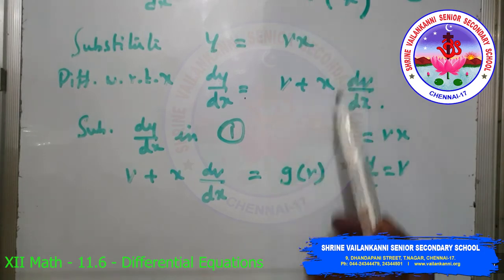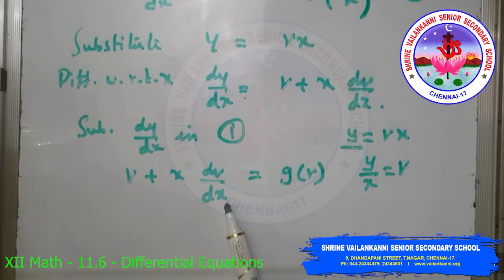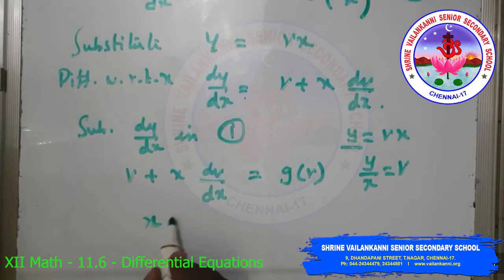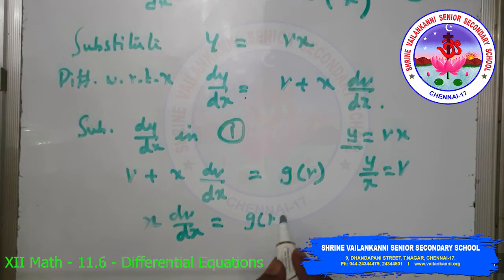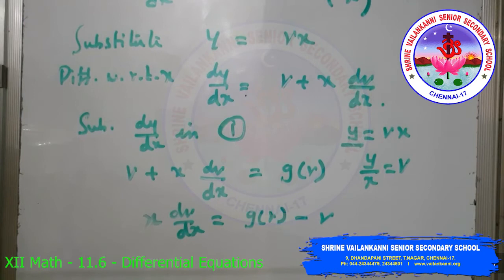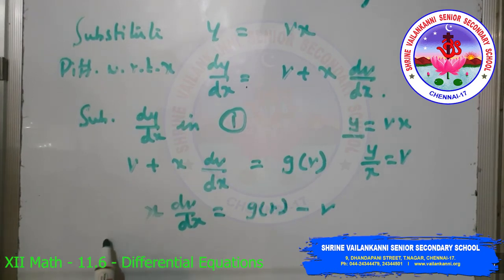So x into dv by dx is equal to g of v minus v. So separating the variables, we get dv by g of v minus v equal to dx by x.